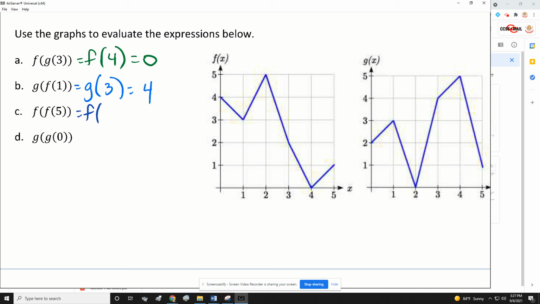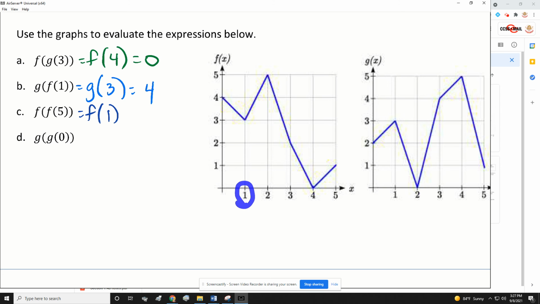On the f function, when x is 5, f is 1. And then we're staying with f, so when x is 1, f is 3. All right, g of 0. On the g function, when x is 0, g is 2. And then g of 2, when x is 2, g is 0.